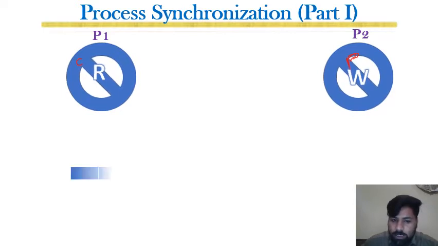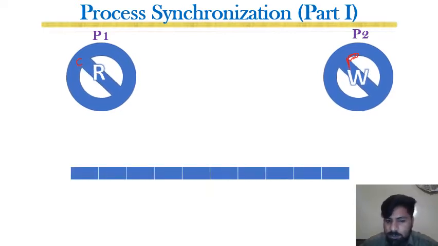data from the buffer. For example, here is the buffer with a fixed size of 10, and similarly we have multiple characters with P2, the producer process. So the producer wants to produce these characters, and at the same time I have an in variable, or in pointer, which points for the producer to where the next character should be placed.